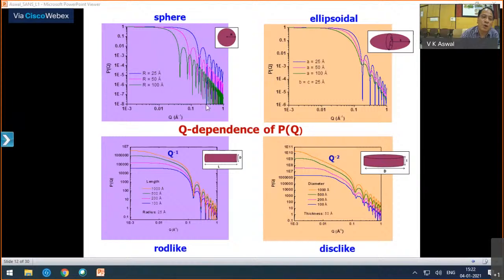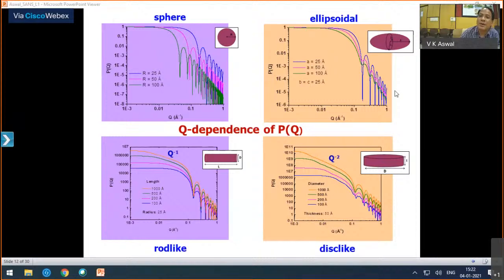And if you plot on log scale, you will see the form factor oscillations, the interference pattern. But when you measure them experimentally, it is very difficult to see them because of reasons such as polydispersity and the resolution function, which I will come to in a later slide.